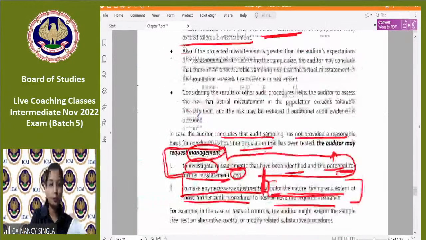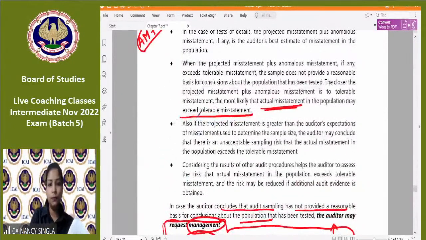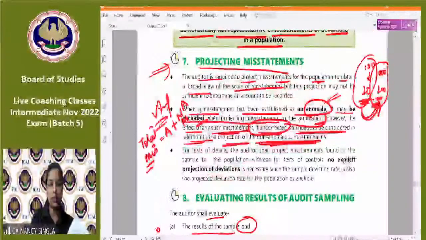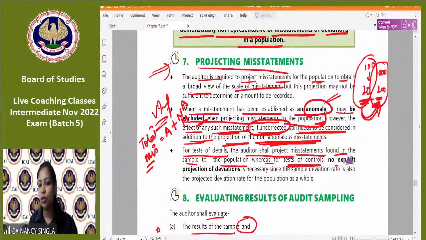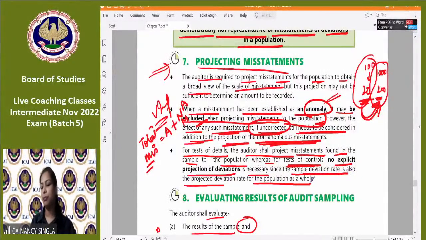Okay? So just a minute. Yes, see this: for test of details, the auditor shall project the misstatement found in the sample to the population, whereas for test of controls, no explicit projection of deviation is necessary, since the sample deviation rate is also the projected deviation rate for the population as a whole.